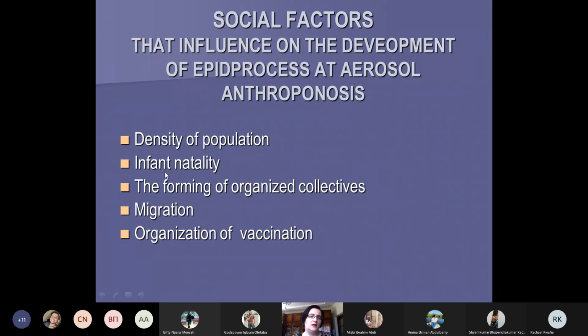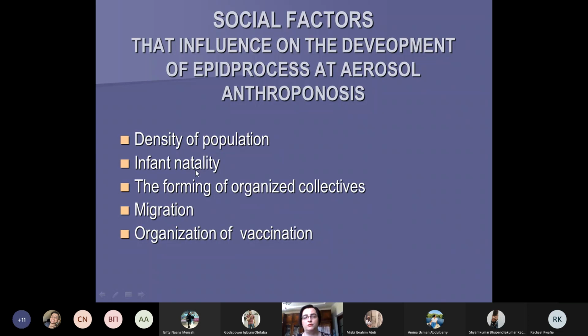Infant natality: as a rule, now each infant stays alive, and it leads to a very serious increase of possible immunological problems and so on.